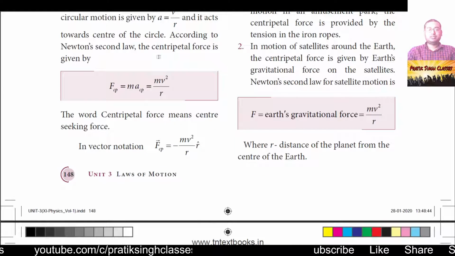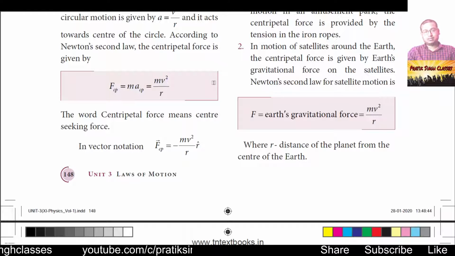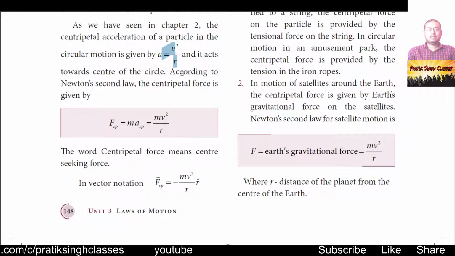According to Newton's second law, F = ma. Here, cp means centripetal. So centripetal force Fcp is equal to m a_cp, that is mass into centripetal acceleration, and the acceleration is v square by r. So Fcp is equal to mv square by r.